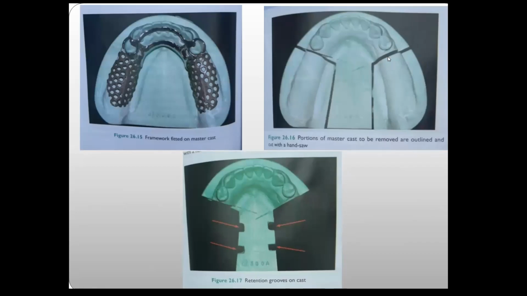The buccolingual line will be 1 mm from the distalmost abutment, and it should be perpendicular to the ridge. And the anteroposterior line is perpendicular and parallel to the lingual sulcus. Once that is marked on the master cast, that portion is removed and retentive grooves are placed using a saw.